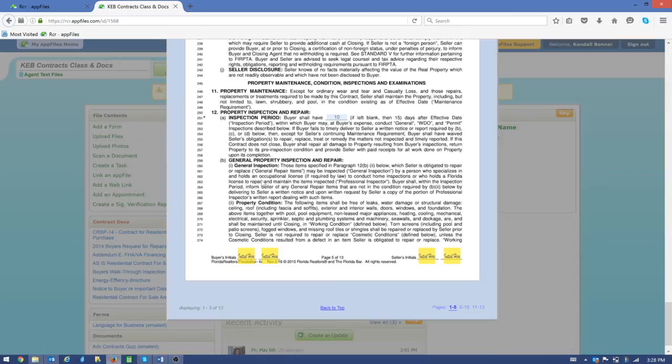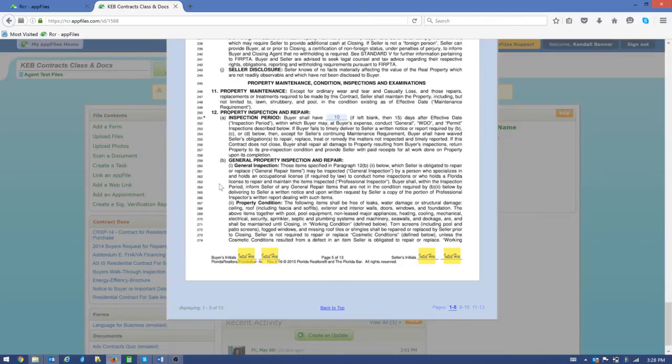So B, let's talk about the general inspection. Those items specified in 12B2 below, which seller is obligated to repair or replace, may be inspected by a person who specializes and holds an occupational license, if required by law, to conduct home inspections, or who holds a Florida license to repair and maintain the items inspected.